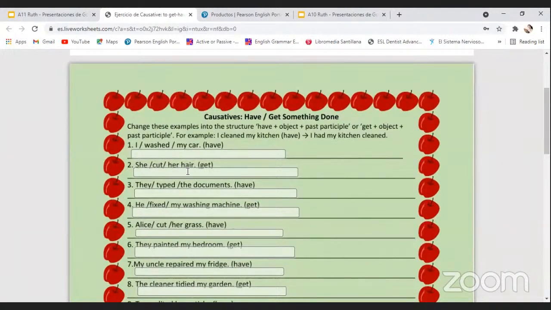It is very important. Here, if we had more information about when she got this haircut, like last month or one day ago or one hour ago, we would identify this sentence as simple past. But in this case, I would identify it as simple present. She cut her hair. Present.